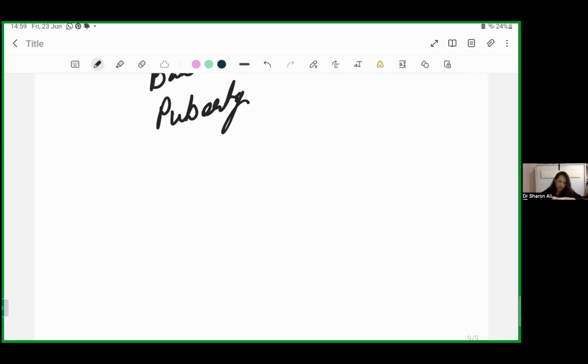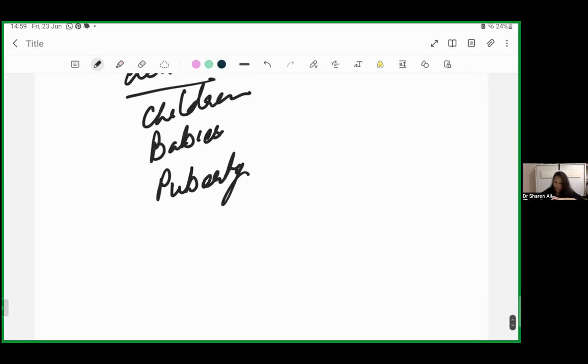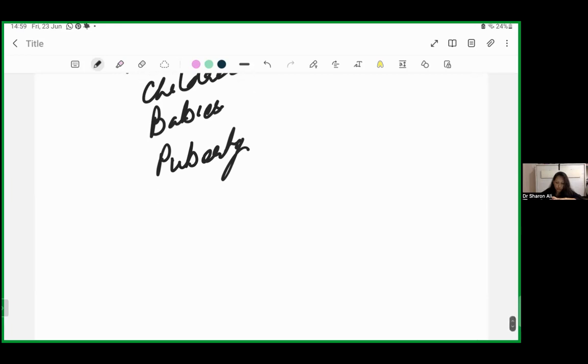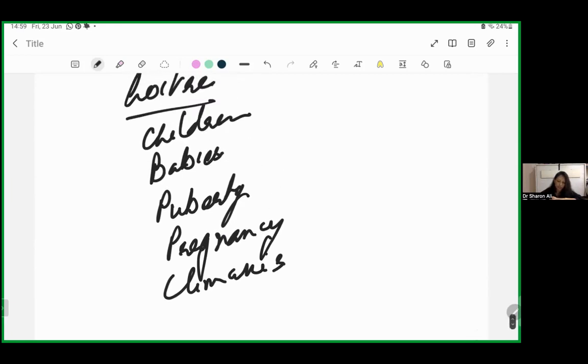So you can have it in children if this is neonatal, or if it is because of maternal issues, whatever. But then you can have it in puberty, you can have it in pregnancy, and climaxes or menopause. So postpartum thyroid disorders, and each one has different indications.